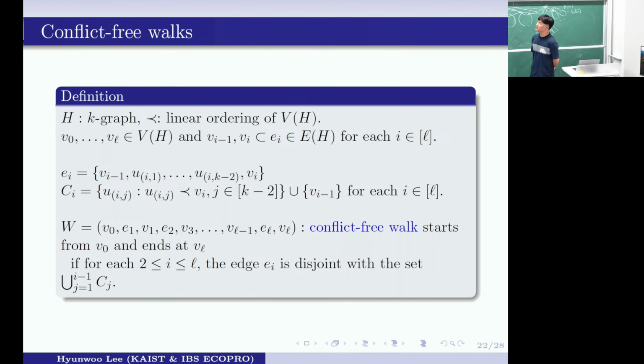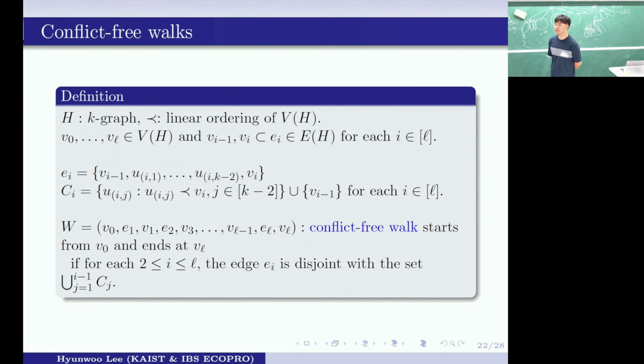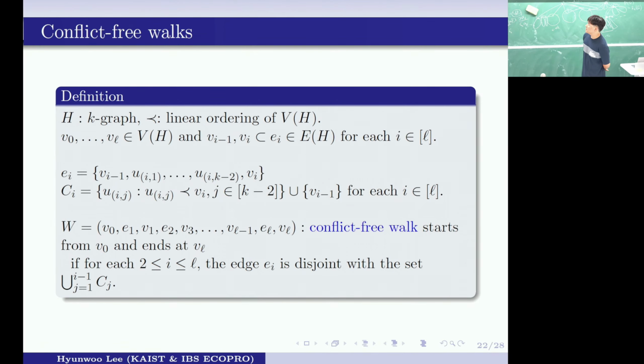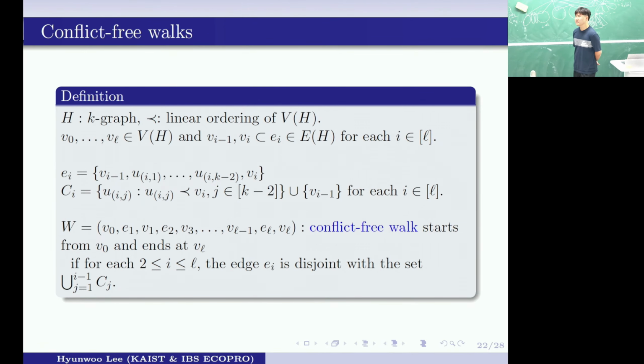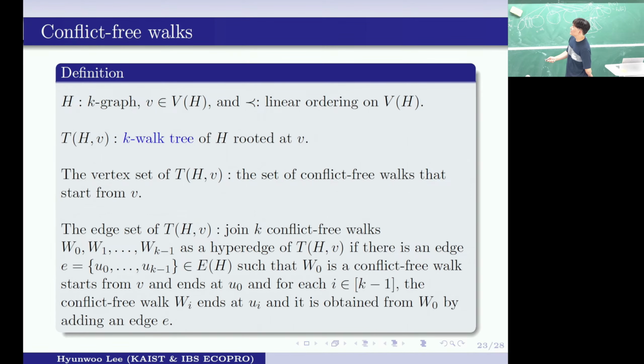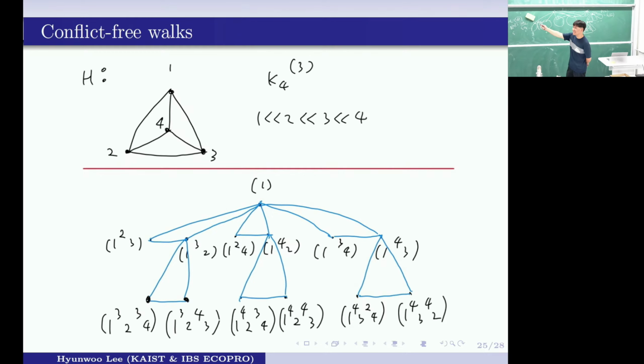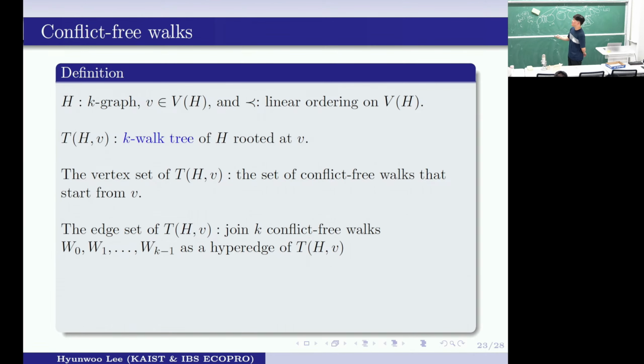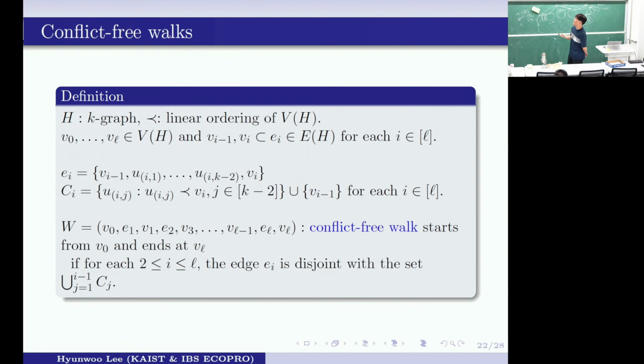V_0 to V_L is just for the definition. It's difficult to visualize from the definition. Yes, I prepared an example and a drawing, but I will explain it a bit later.